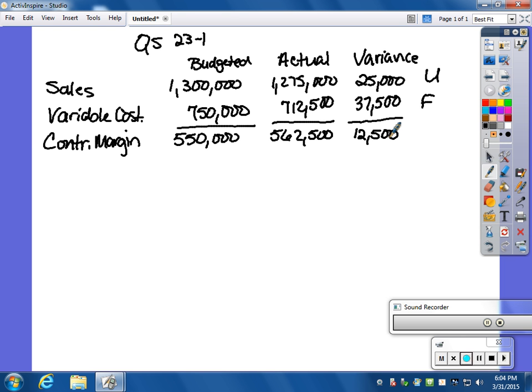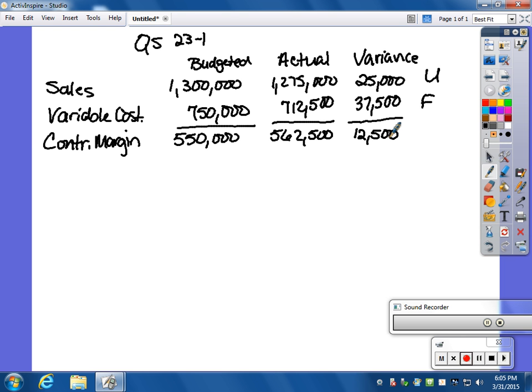Favorable. How do you know? Go back to those rules I told you. What makes it favorable? You're going to check if it's a cost or sales. If it's a cost, you compare the budget and the actual, right?